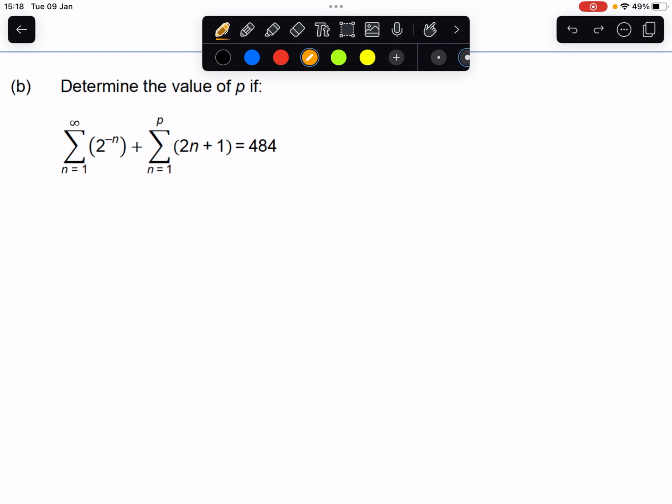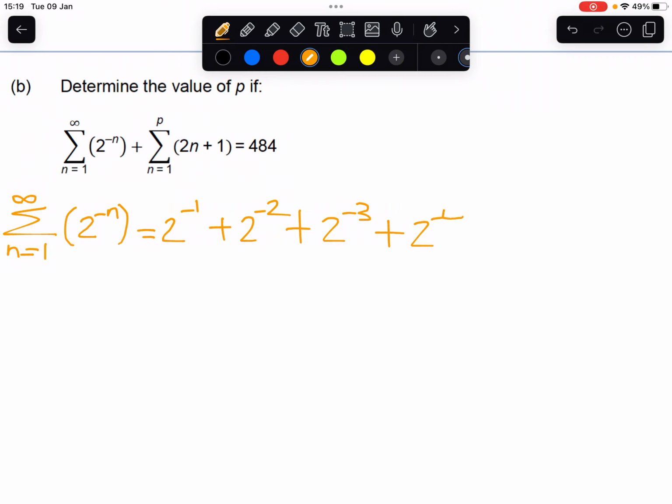So sigma n equal to 1 up until infinity of 2 to the minus n. If we expand that sum a bit, that's just going to be 2 to the minus 1 plus 2 to the minus 2 plus 2 to the minus 3 plus 2 to the minus 4, and so it goes.